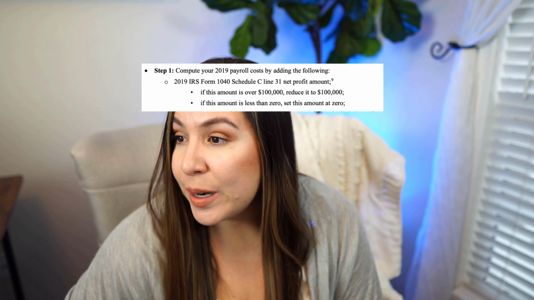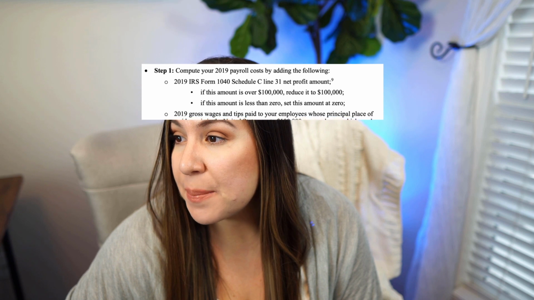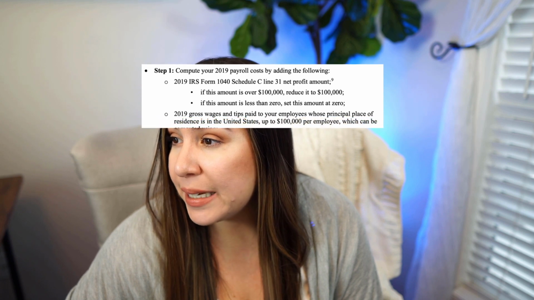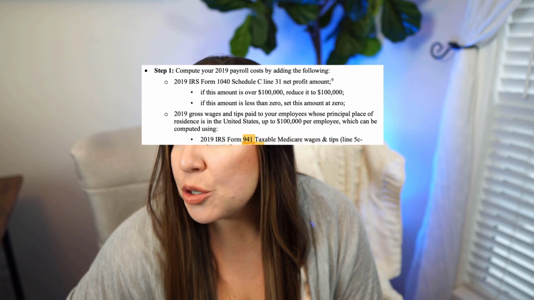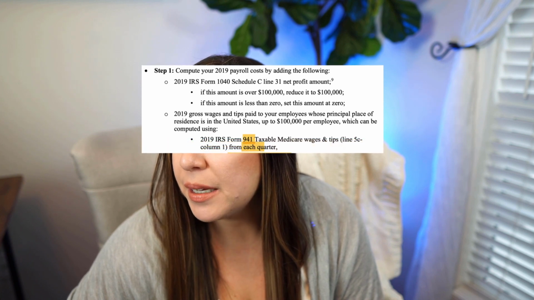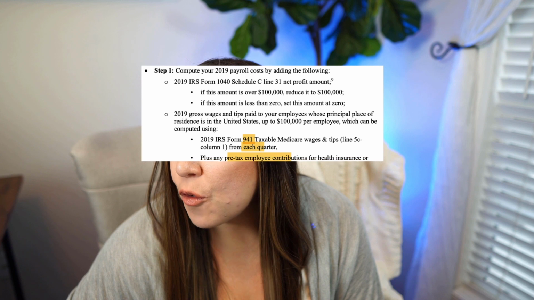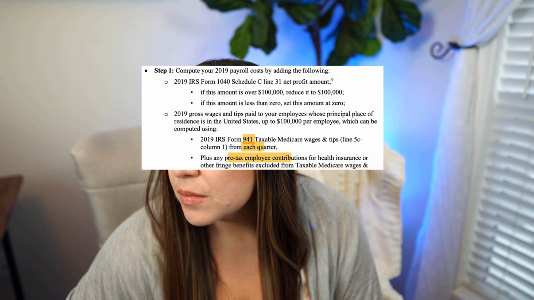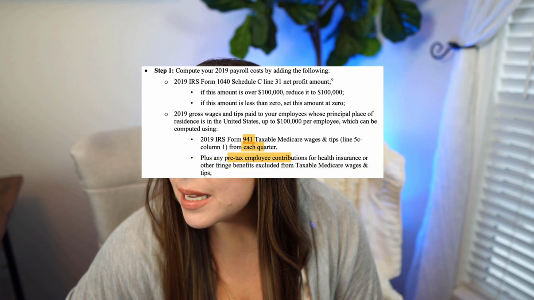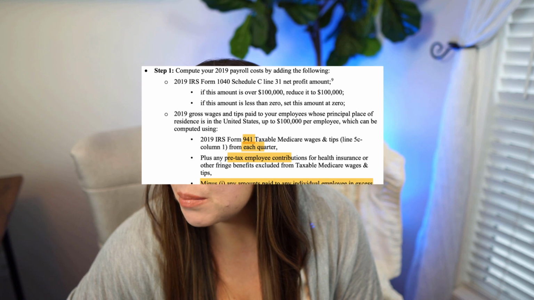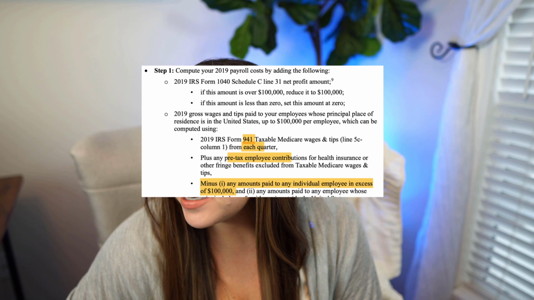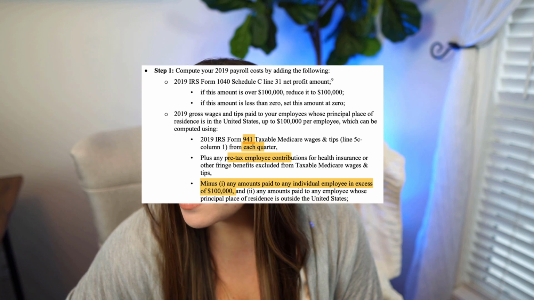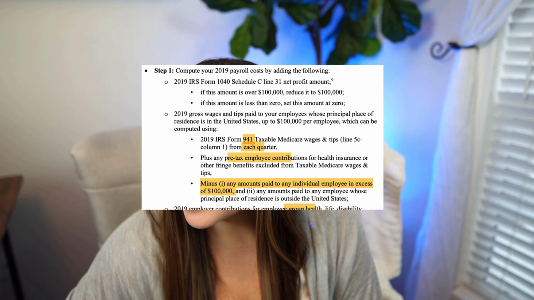Then you're going to look at your 2019 gross wages and tips paid to employees whose principal place of residence is in the US, up to 100,000 per employee. You can look at your 941s for each quarter, plus any pre-tax employee contributions, minus any amount paid to any individual employee in excess of 100,000.